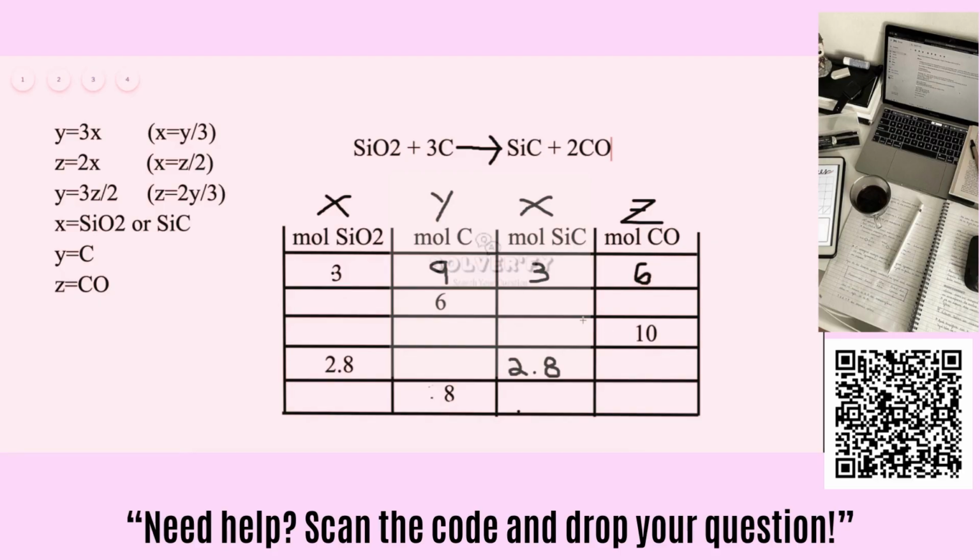For the second, moles of carbon, which is what we defined as our Y value. I've put the equations over here to make it a little easier. So if Y equals 6, then 6 equals 3X. Then we'll get that X will equal 2.